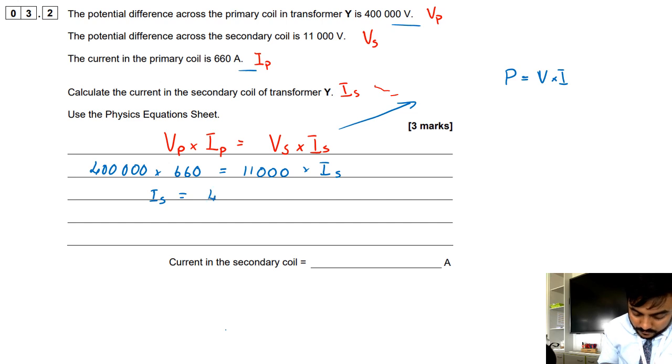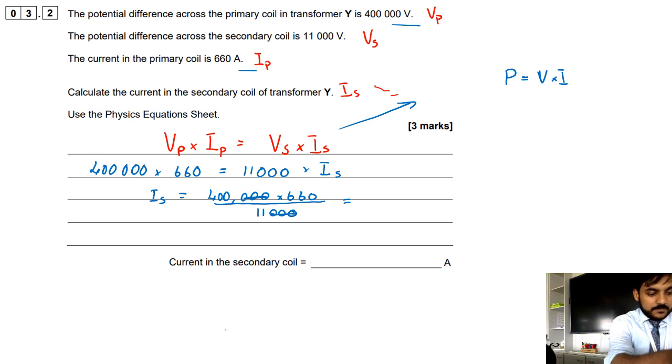Is is equal to 400,000 times by 660, all divided by 11,000. Okay. So I just have to plug this into the calculator. And when I do, it ends up being 24,000 amps.